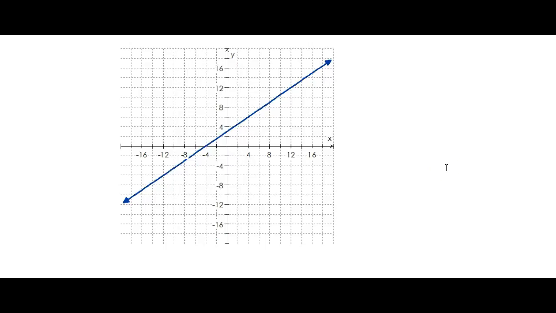And so when I'm calculating slope, if it's at all possible, I try to use the area of the graph where there are only positive values, and that just makes the math simpler, and I'm not likely to make mistakes with integers. And the next thing I want to do is I want to locate some points on my line where I know the values exactly, because I don't want to estimate, I want to calculate as accurately as possible. And so I'm going to show you what I mean by that.